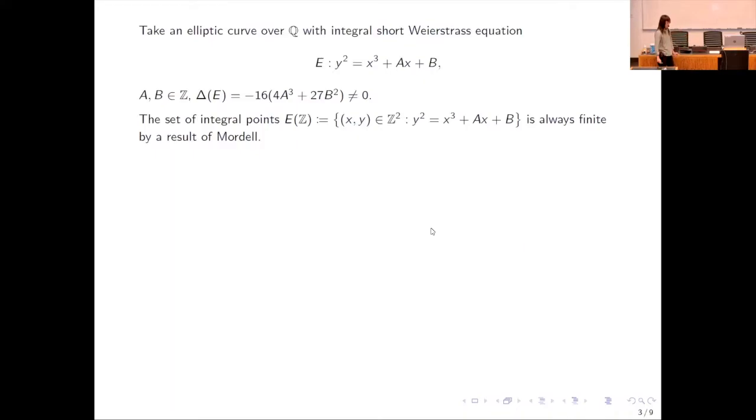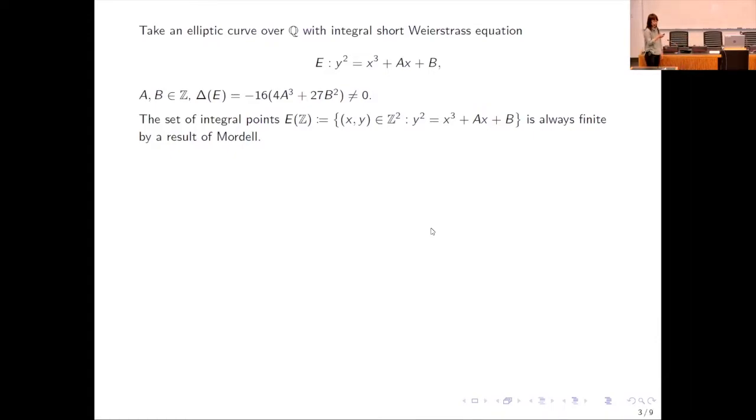If I take an elliptic curve over Q and I take the integral short Weierstrass equation, y squared equals x cubed plus a x plus b, where a and b are integers, and for it to be an elliptic curve, the discriminant has to be nonzero. The set of all integral points are the points where the x and y coordinates are both integers. And the set is always a finite set by a result of Mordell.